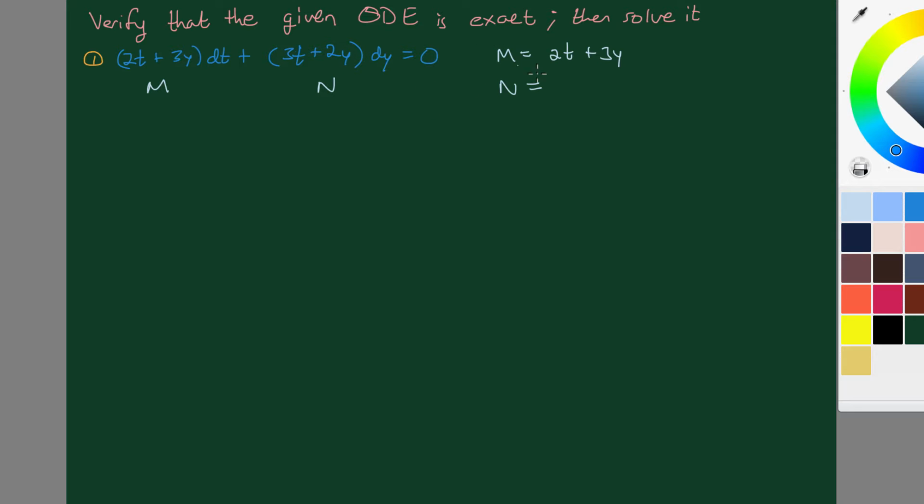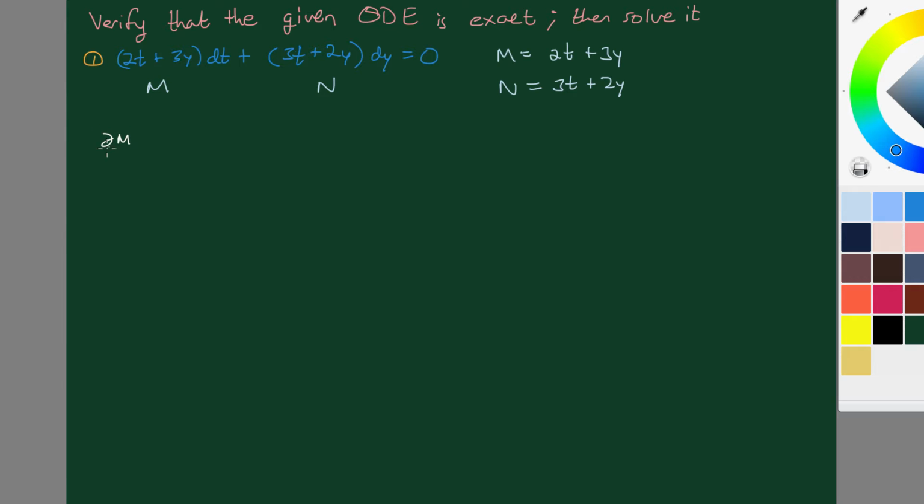So N is equal to 3t plus 2y, and we have to verify to see if this equation is exact. So remember, the way we verify is to take the derivative of m, this function here, with respect to y, and then the derivative of n with respect to t.